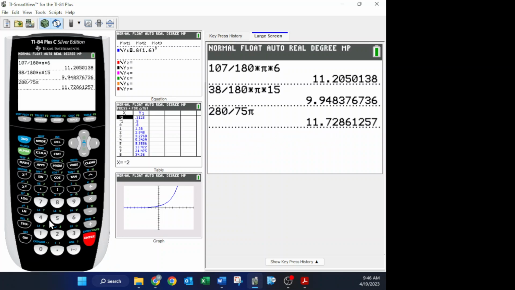When you put it in, you want to do 280 divided by parentheses 75 pi. That way, both 75 and pi are in the denominator. Here, what you're doing is dividing by 75 and then multiplying by pi. You're not dividing by both 75 and pi. So this is what you should get, which is 1.188. I'm just going to round to 1.188.